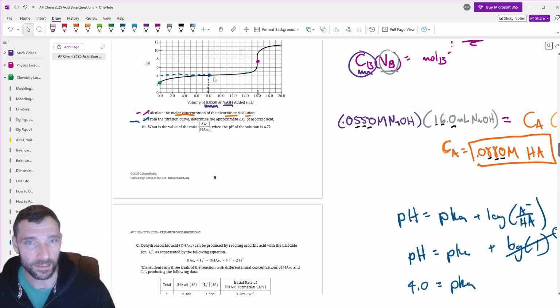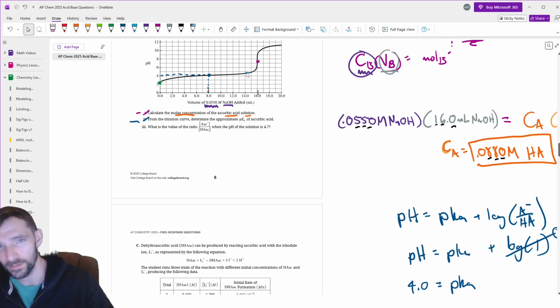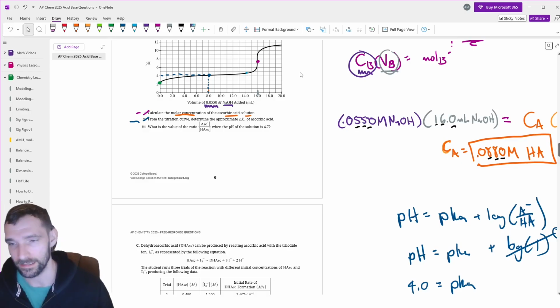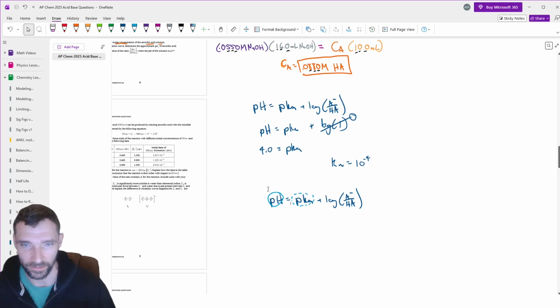You can also see that we've gone past the half equivalence point, so most of HA has turned into A minus at this point. So it's mostly A minus. We can use that as a concept check in case you mess up this equation, because sometimes people will plug these two values in incorrectly or even write the formula with pH and pKa flipped.